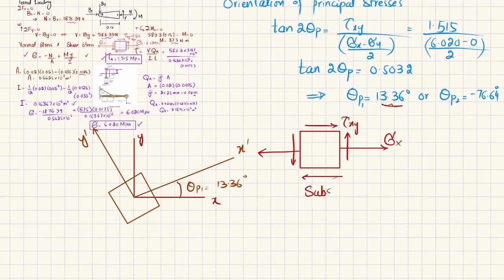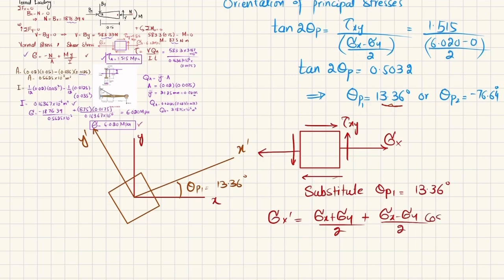Substitute theta p1 is equal to 13.36 in the stress transformation equation, which is sigma x dash is equal to sigma x plus sigma y divided by 2 plus sigma x minus sigma y divided by 2 into cos of 2 theta plus tau of xy sine of 2 theta. Clear?